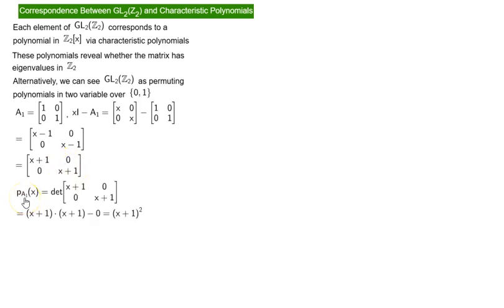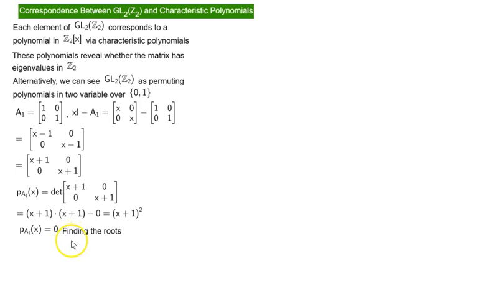Now the characteristic polynomial with respect to A1 is the determinant of the characteristic matrix. Now we know how to take the determinant in the case of 2 by 2 matrices: cross multiply and take the difference. So x plus 1 times x plus 1 minus 0 times 0, which gives us x plus 1 squared.